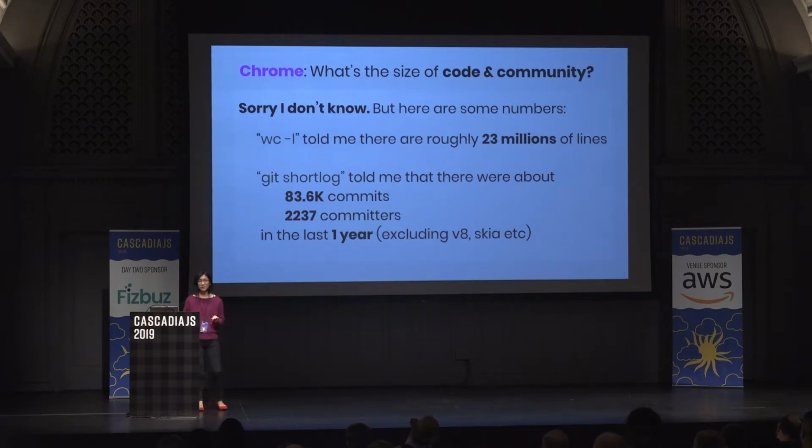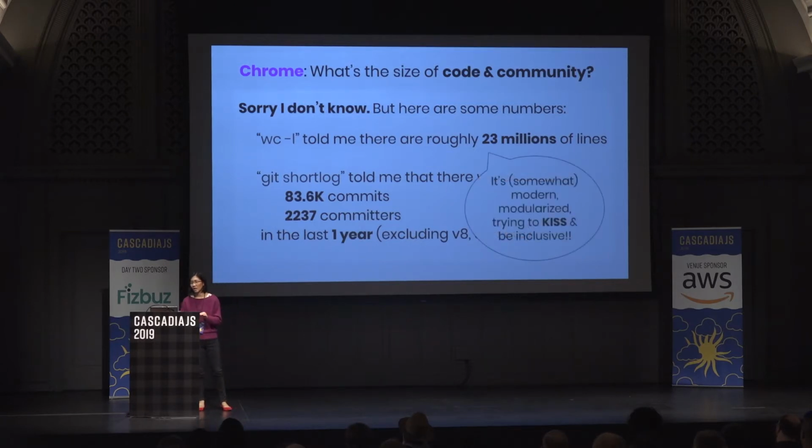It's a lot, but if it sounds somewhat overwhelming, it's not my intention at all. It's a huge code base, but we're trying really hard to keep it simple and silly, and we're trying hard to make it inclusive. It's somewhat modernized and modularized, so any contributions are actually welcome.